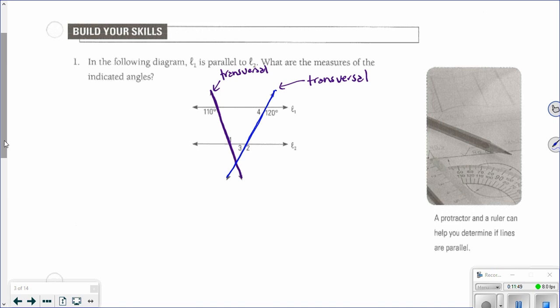Corresponding angles have to be along the same transversal. So if we're looking at this blue one first, this 120 is to the right of the transversal and it's below the parallel line, which means its corresponding angle down here to the right of the transversal below the parallel line is the same angle measure. So this is going to be 120 degrees.